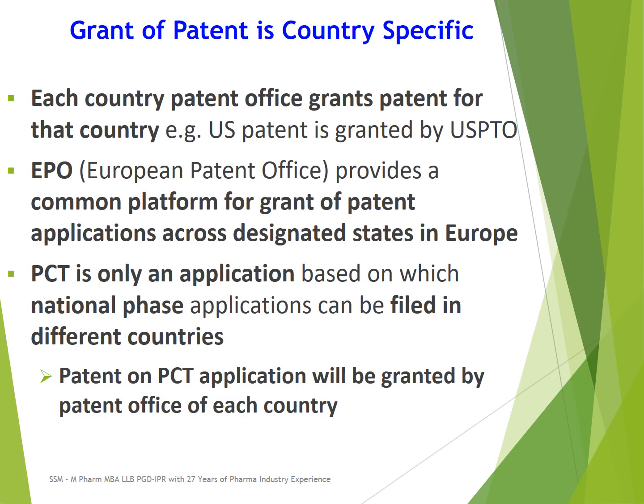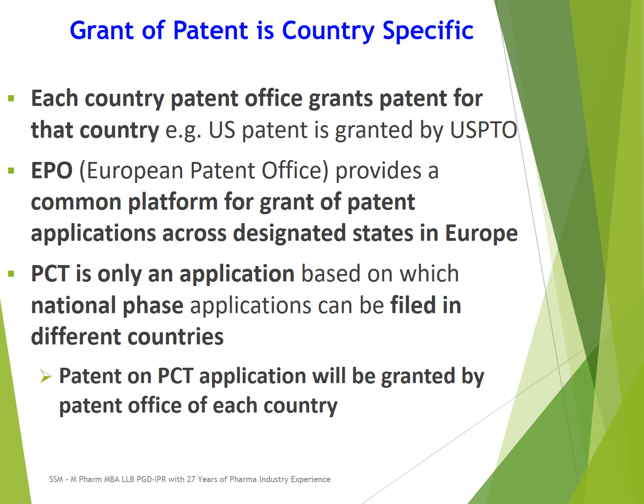Now the grant of patent is country specific. Each country's patent office grants patent for that country only. US patent is granted by USPTO. Indian patent is granted by the Indian Patent Office. But there are certain regional patent offices like EPO, European Patent Office, which provides a common platform for grant of patent application across designated states in Europe.